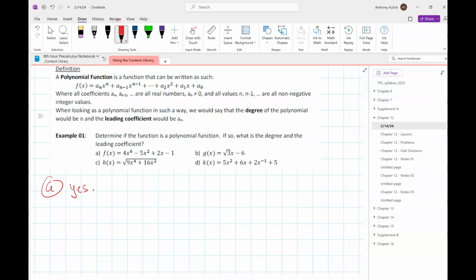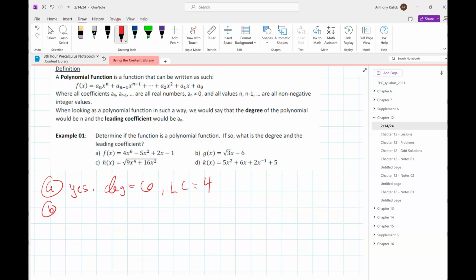Next thing, the exponents on the variables, are those all non-negative whole numbers? Yes. Then it's a polynomial, right? That's all we need to look at. Since it's a polynomial, what's its degree? 6. Great. And what's its leading coefficient? 4. Great.